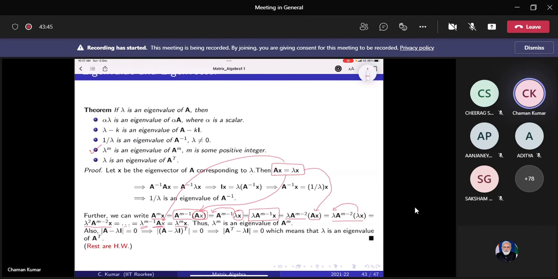So that means we have proved A raised to m x is equal to lambda raised to m x. From there, we can conclude that lambda raised to m is an eigenvalue of A raised to m. Okay, so this completes the proof of this part.